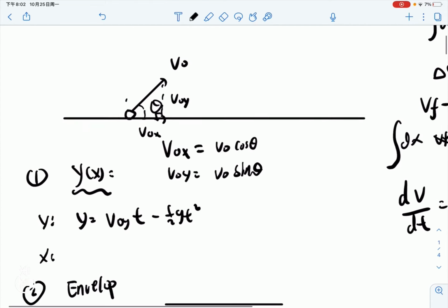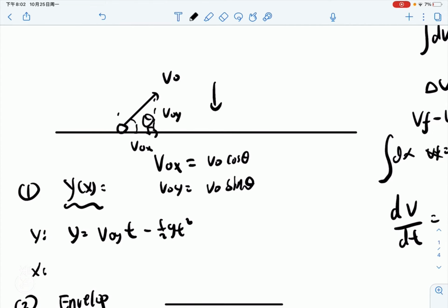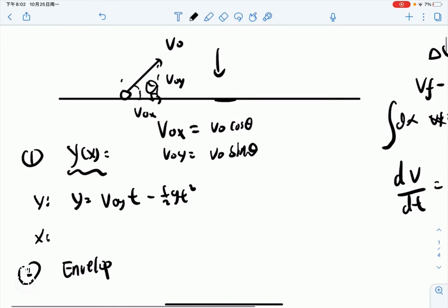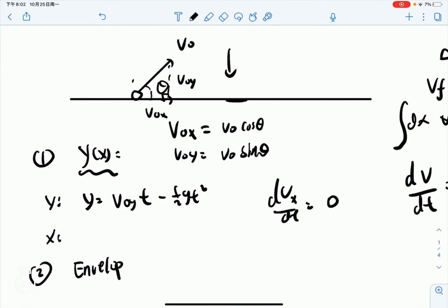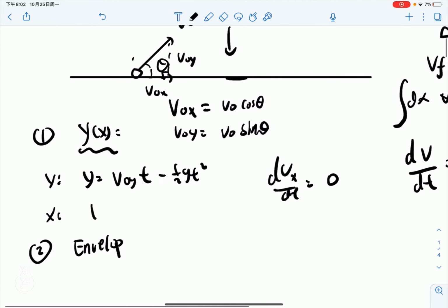Because there's no force, the only force is perpendicular to the plane, which is the y direction. And there's no force in the x direction, so dvx dt is 0. So basically, vx is equal to its initial value throughout the time.